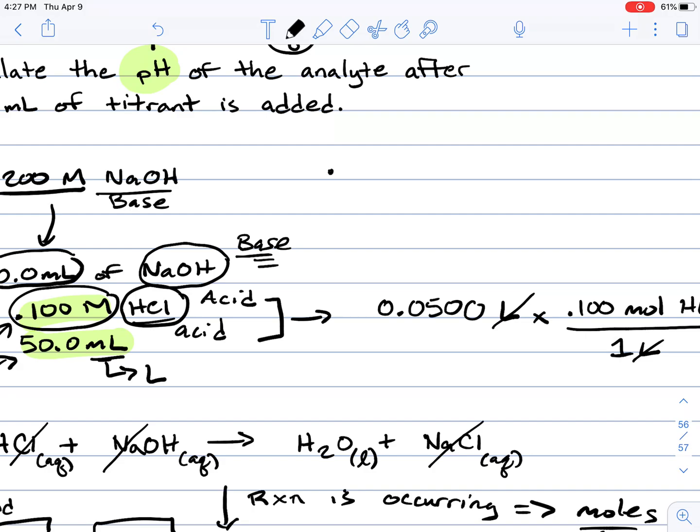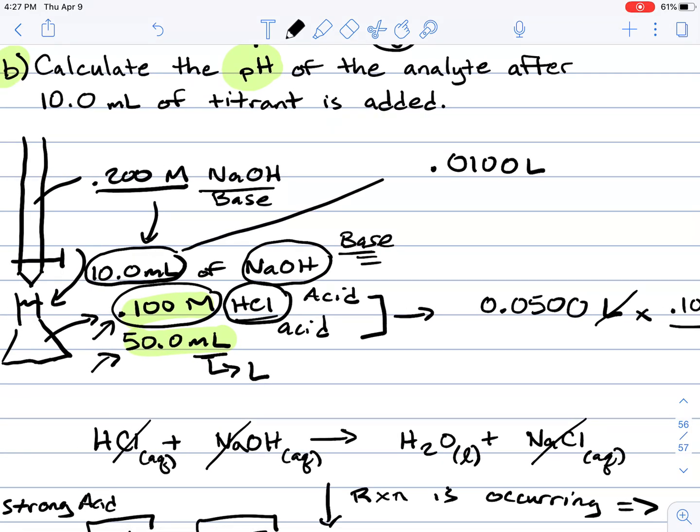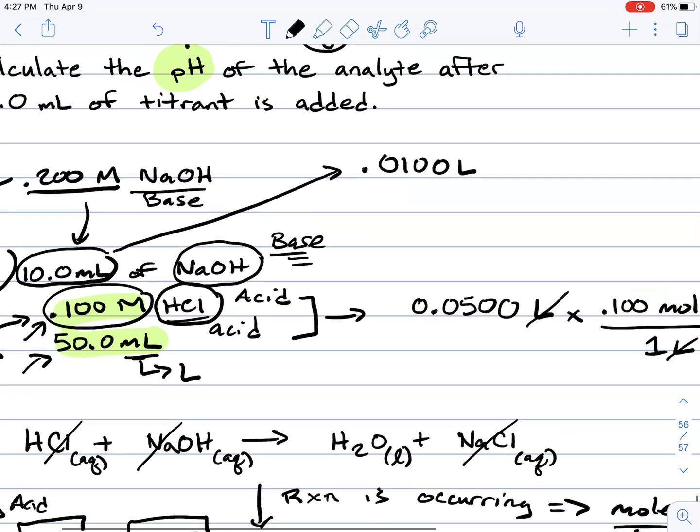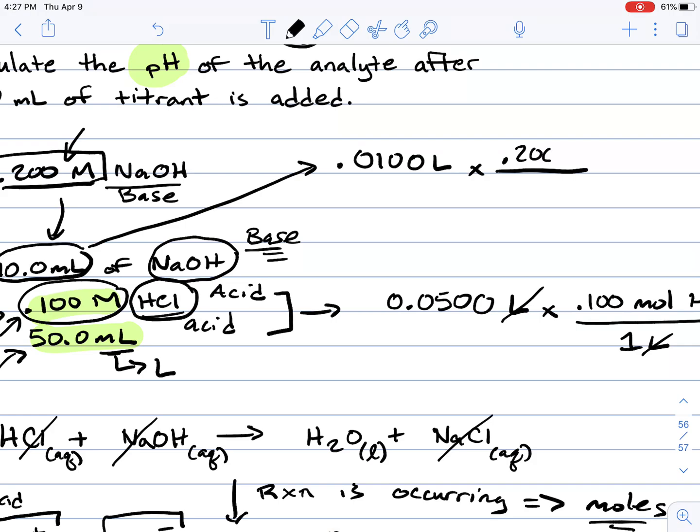So that's going to be 0.0100 liters. So I'm converting milliliters to liters, and then I'm going to multiply it by its concentration, which is 0.200 moles of OH over 1 liter.